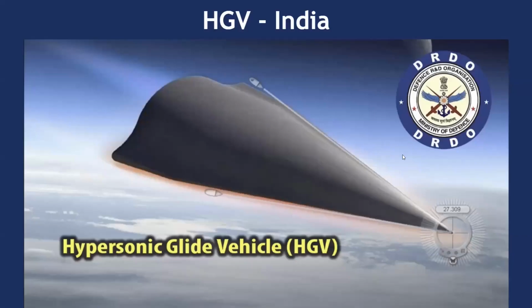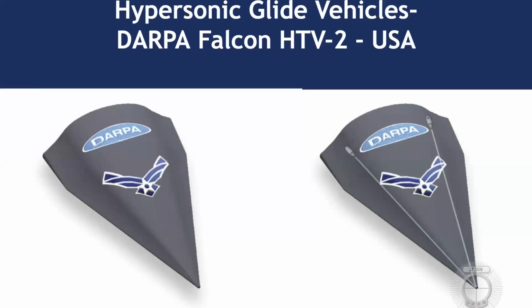Here's an example of a hypersonic glide vehicle that's under development in India. They believe that they will have this operational by 2025. And here is DARPA's, this is a picture of the prototype for the US technology.